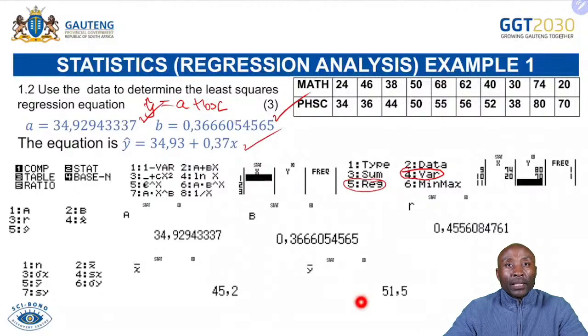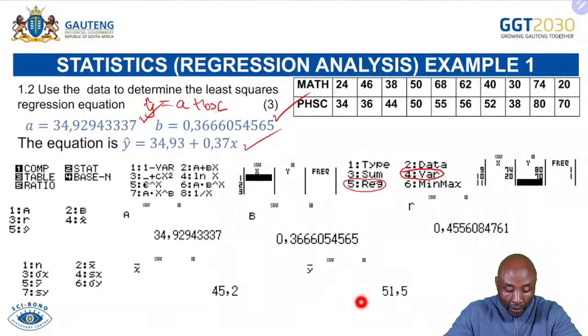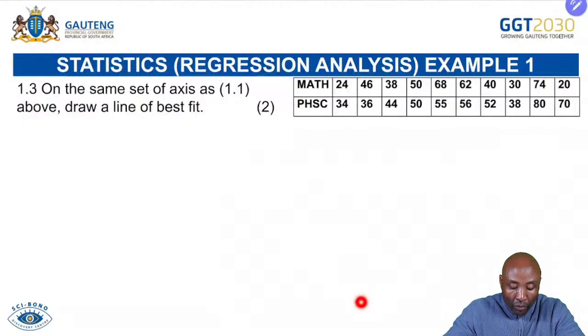And we lose marks if we have not indicated which one is A, which one is B, because we benefit for those values in case we swap them when we substitute in the equation. We should write the value of A, write the value of B, then write the equation. That's when you get the 3rd mark. You round off to 2 decimal places because those are the instructions in our question paper. We move forward.